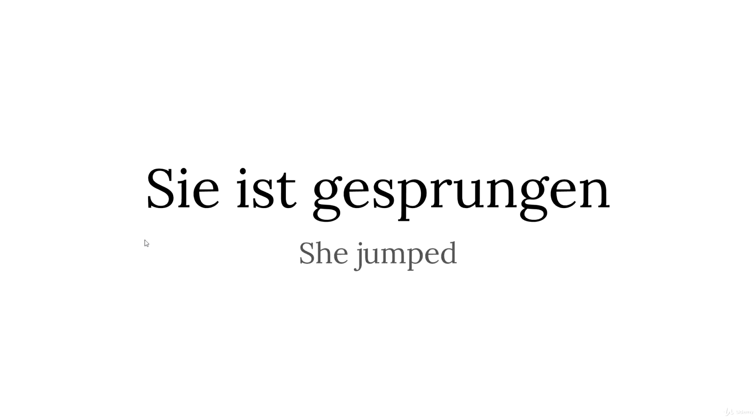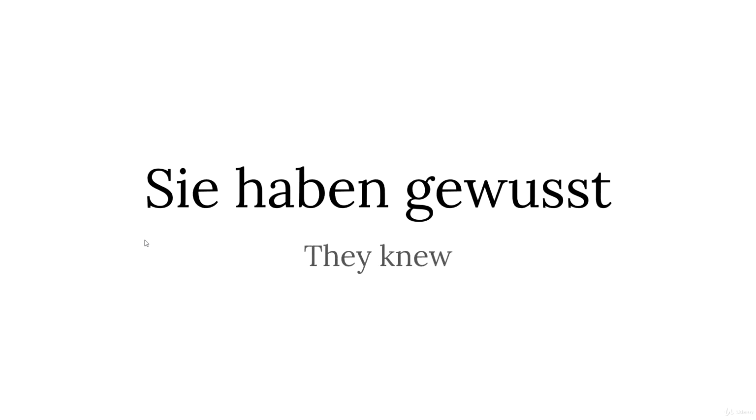So the whole sentence is sie ist gesprungen. They knew. To know doesn't require movement, therefore haben. Therefore, sie haben. And wissen in the past is gewusst. Sie haben gewusst.